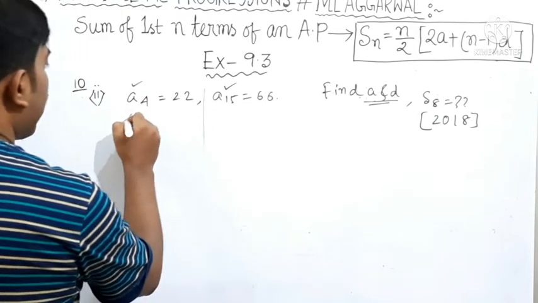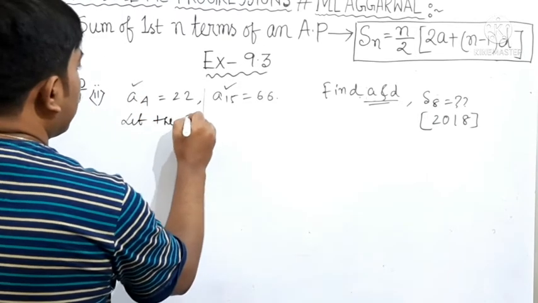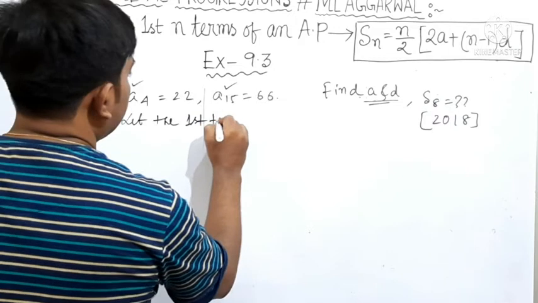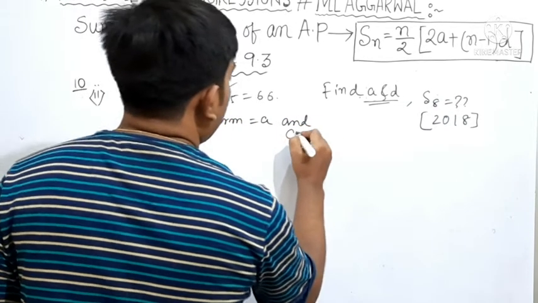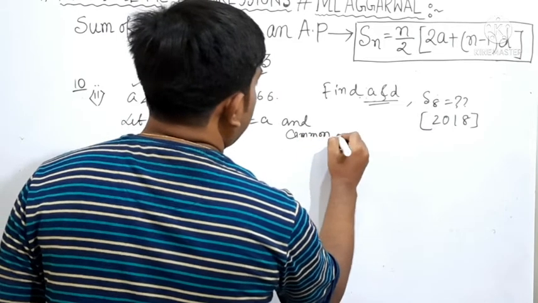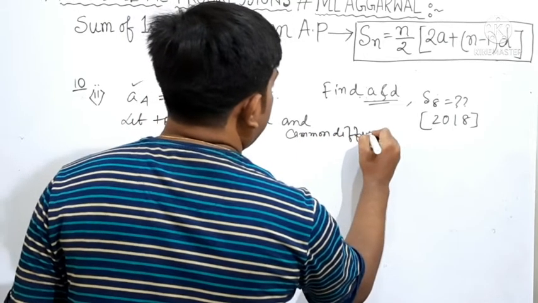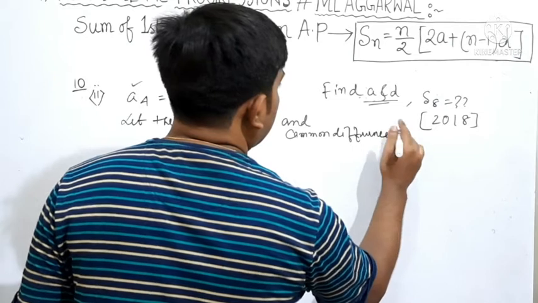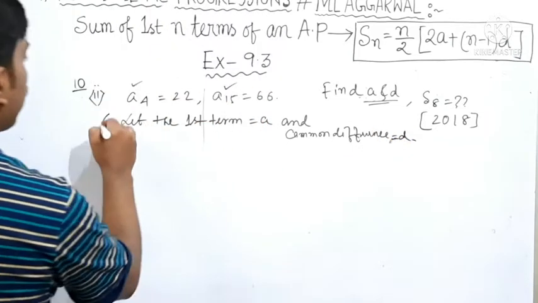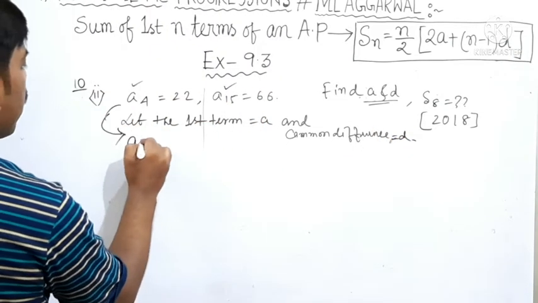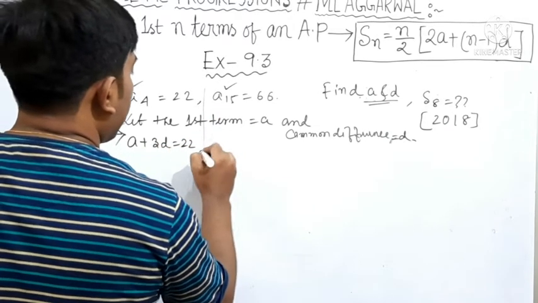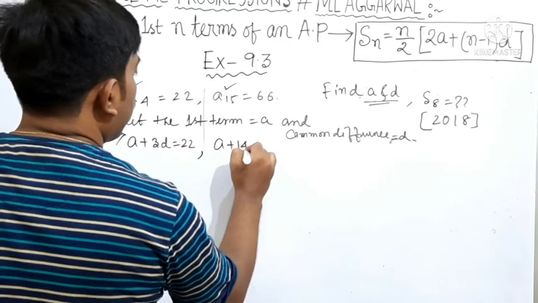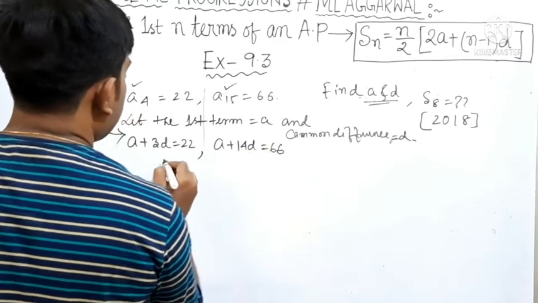So at first you have to write: let the first term be A and the common difference be D. From the first condition you can write A plus 3D is equal to 22, and from the second we can write A plus 14D is equal to 66.